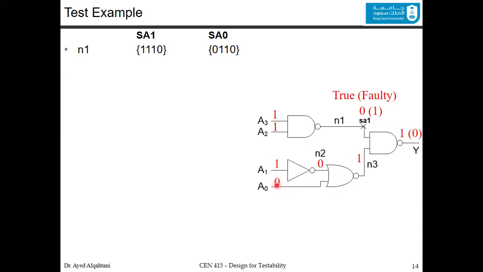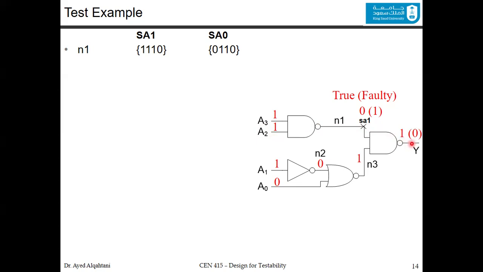And now you know that if you put in the input 0, 1, 1, 1, starting from the least to the most significant bit, you can detect if this is stuck at 1 faulty or not, because you'll just observe the output, the external output. And now here is the observability showing.